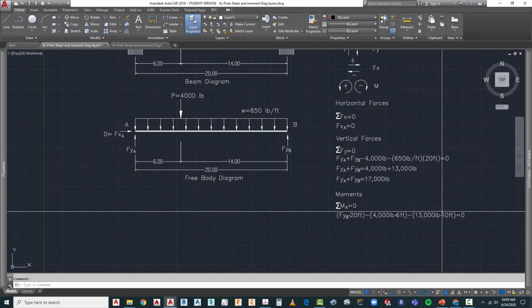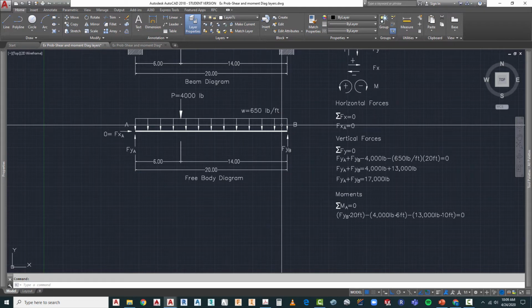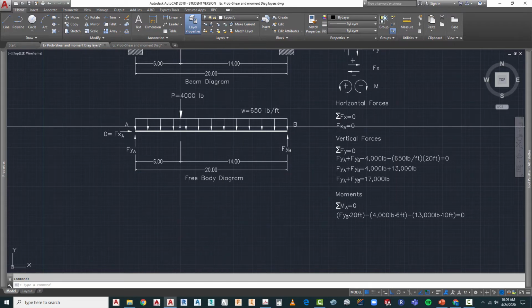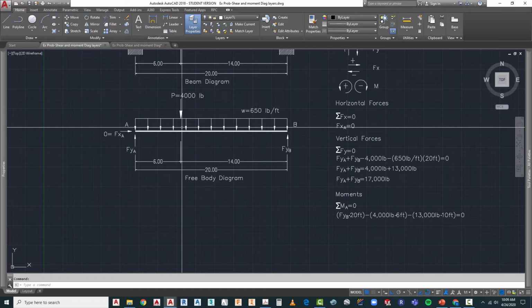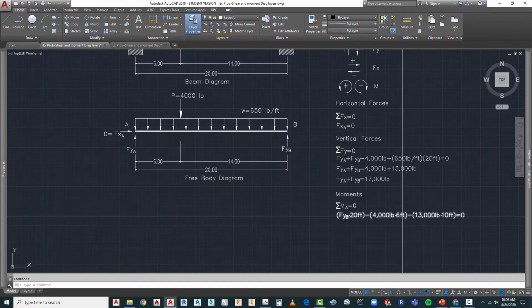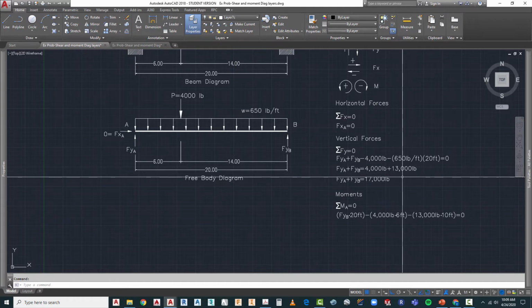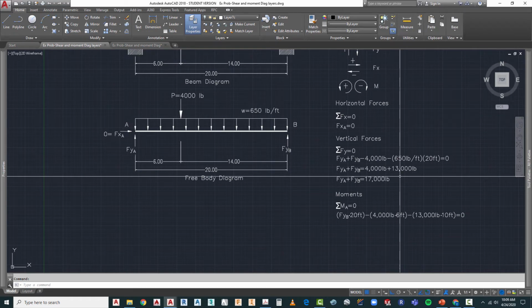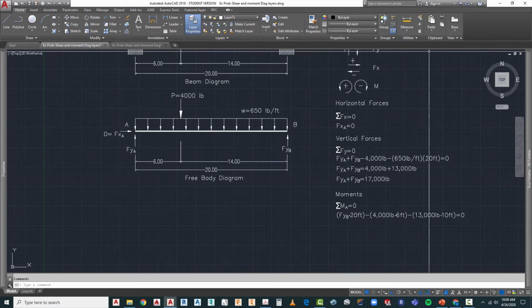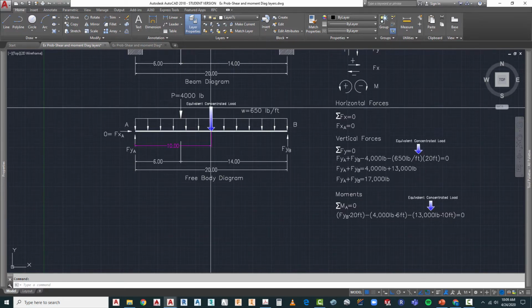Now the big question is, how did we get this 10 feet? We have a distributed load, which is 650 pounds per foot, all the way across the entire beam. What we do in order to solve this calculation is take that distributed load, which totaled 13,000 pounds, and assume an equivalent concentrated load point.